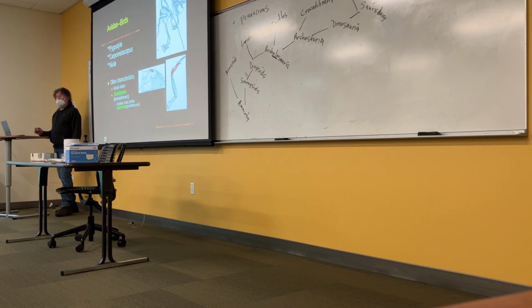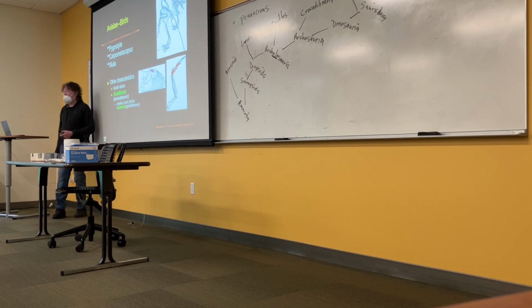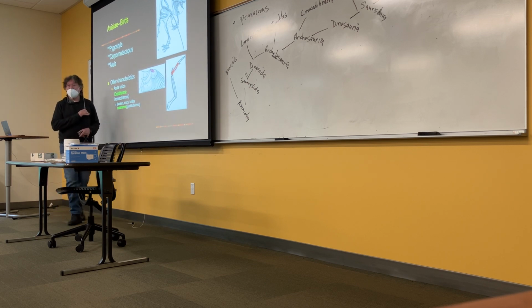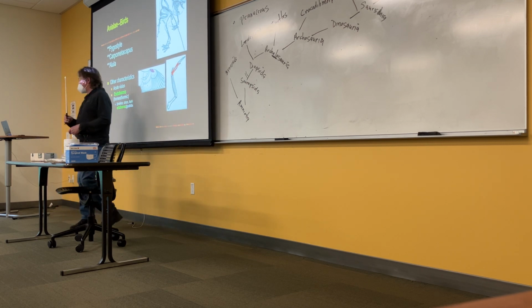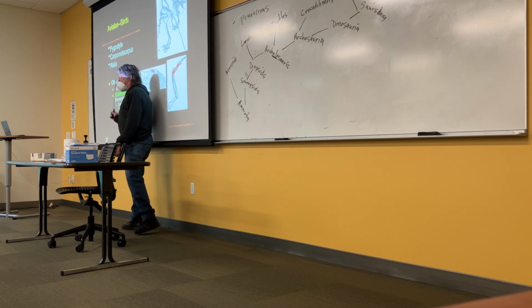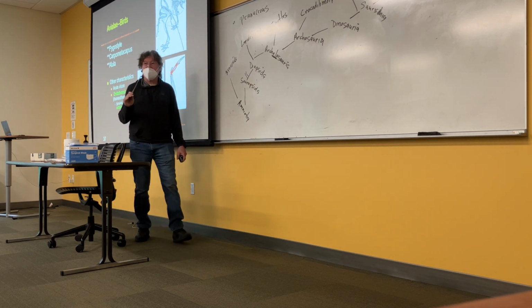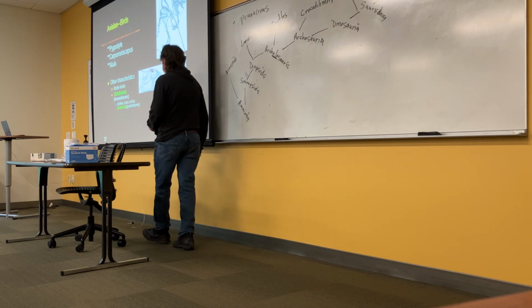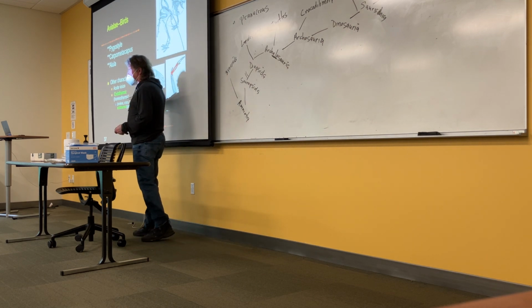Some other features here, and this is where I'll stop, is that they are endothermic. That means that their source of heat is metabolic, and they are also homeothermic, meaning that they maintain a constant body temperature, what we call warm-blooded. And so many theropod dinosaurs were this also.